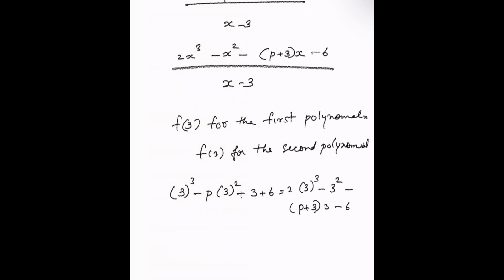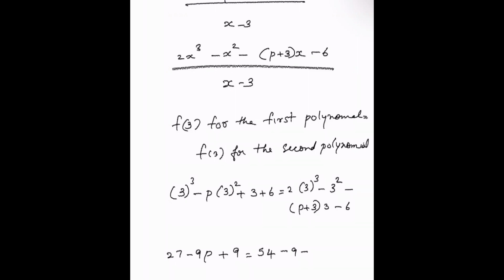So this is 27 minus 9p plus 9 is equal to 27 into 2 is 54 minus 9 minus (p plus 3) into 3.